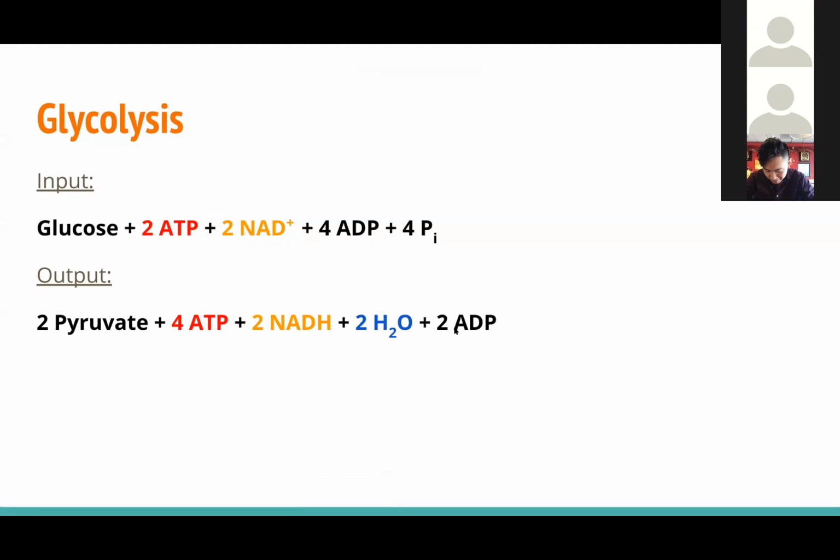What your textbook doesn't tell you is where the water came out of, and you don't really need to know that, but just know that water is an output of glycolysis as well.